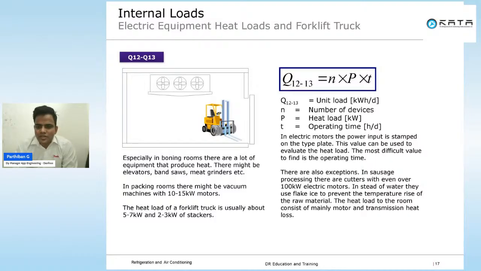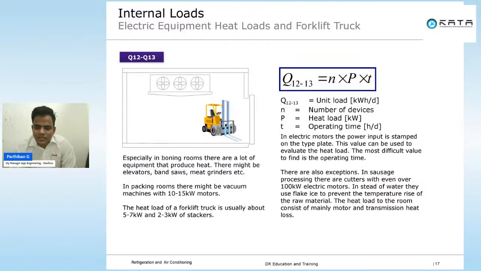Then if you are using a forklift, if it is an electrical forklift, the electrical energy it is consuming will be the heat load. So one more formula is there. You can see the formula is Q equal to NPT. N is the number of devices. P is the heat load, which is kilowatt. T is the time, but then time is also a factor. How much time you are going to operate, hours per day.